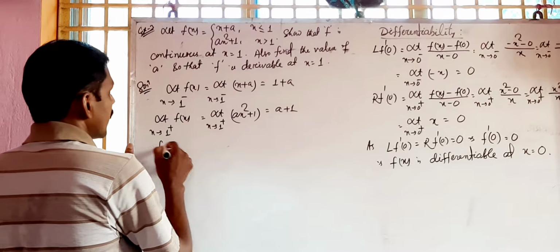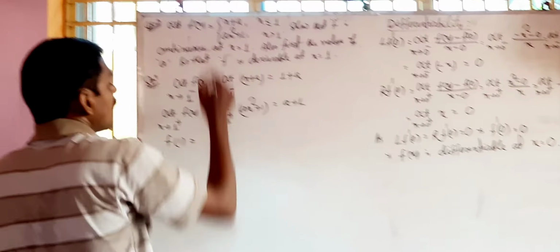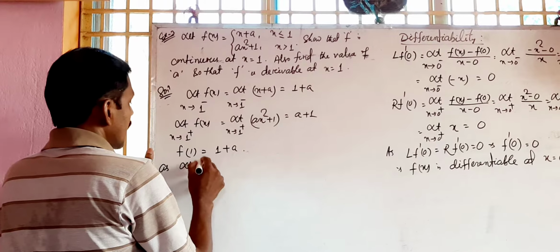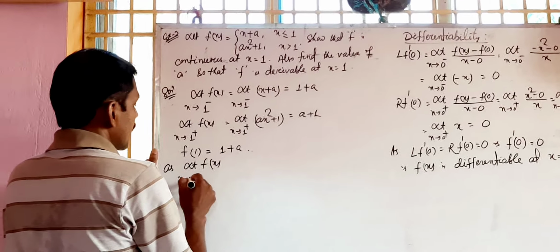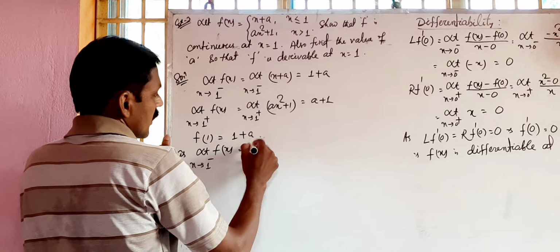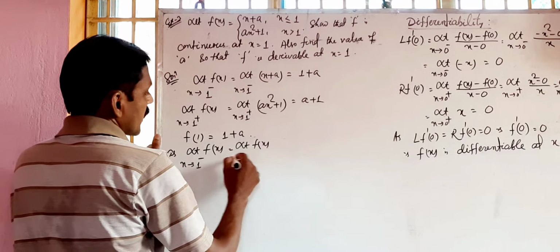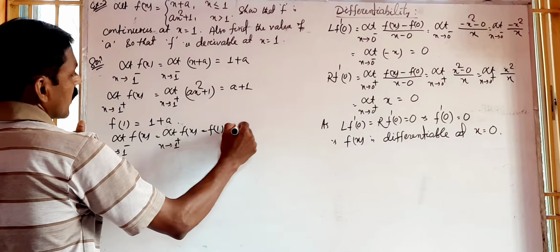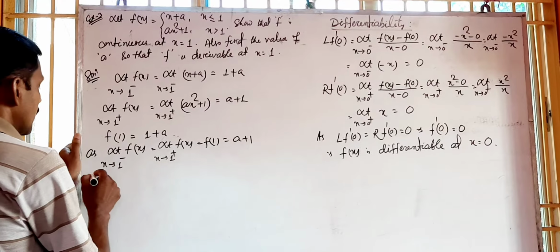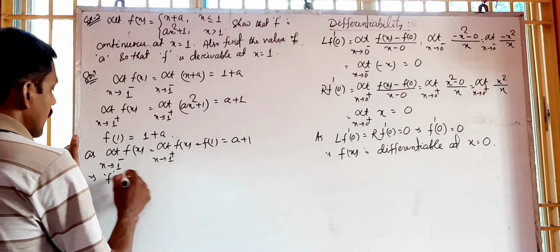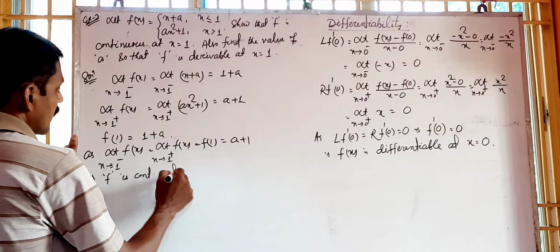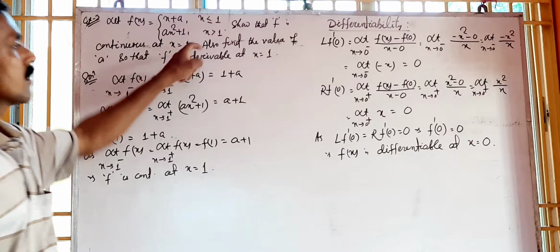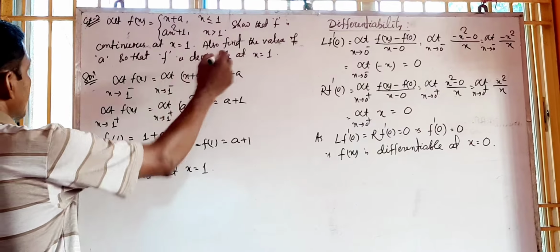And what is f of 1? For x equal to 1 also it is x plus a, so 1 plus a. So the limit of f of x as x tends to 1 minus equals the limit as x tends to 1 plus equals f of 1 equals a plus 1. This implies f is continuous at x equal to 1. This is our first answer, the first part.